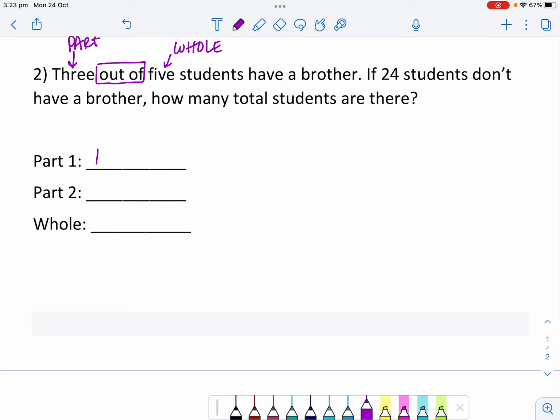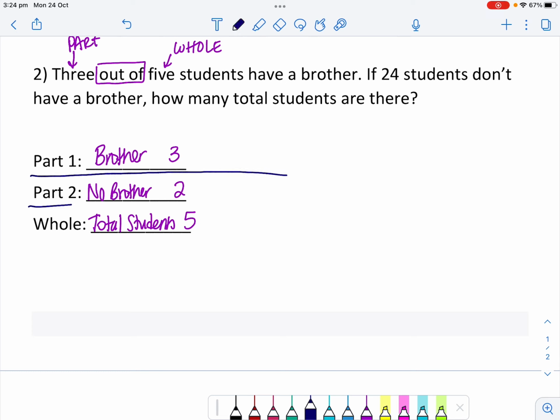So these students have a brother, and this is going to be total students is 5, and so these kids do not have a brother, and there are 2 of them. And then I'm going to create my table. And then this one says, if 24 students don't have a brother, so no brother is this one right here.